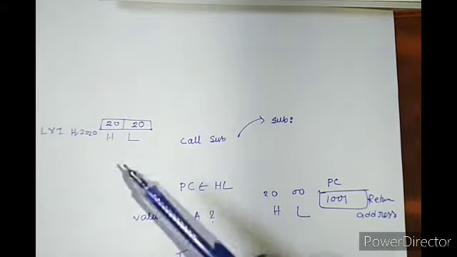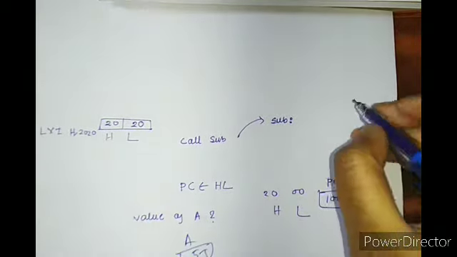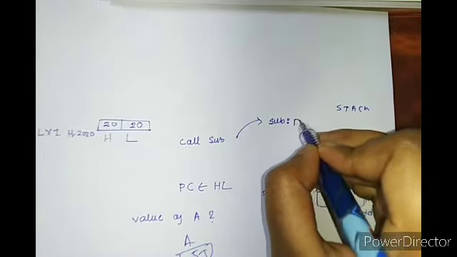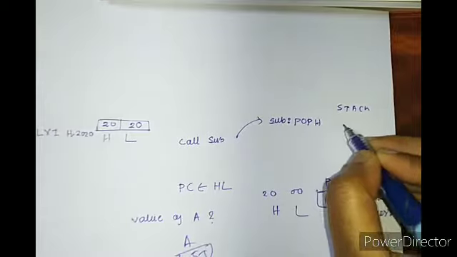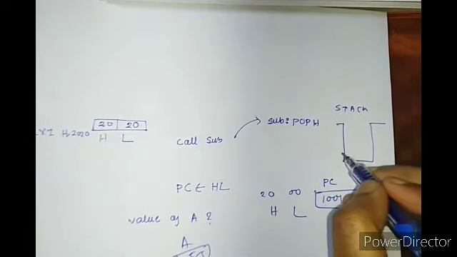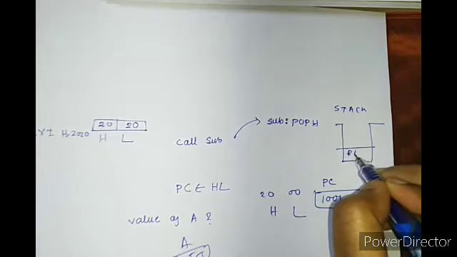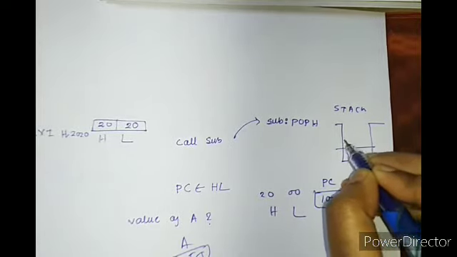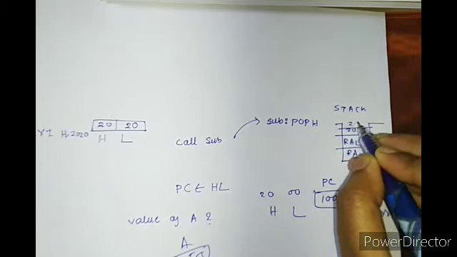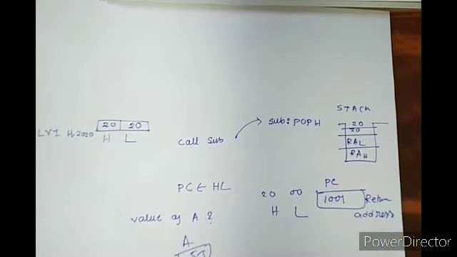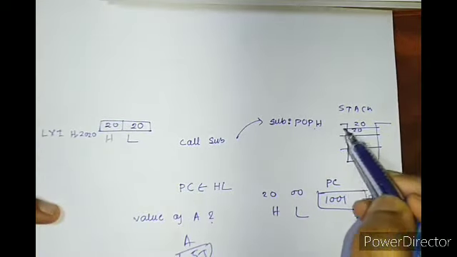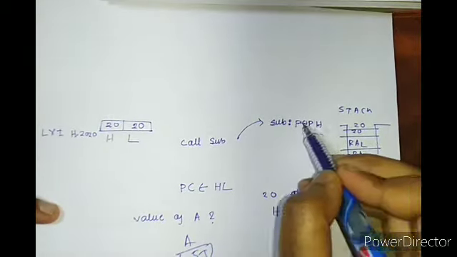I just want this data to get stored in my stack. So what will I do? POP H. But my return address will get stored first, RAH RAL, and then 2020. So the data of the HL register has been pushed.